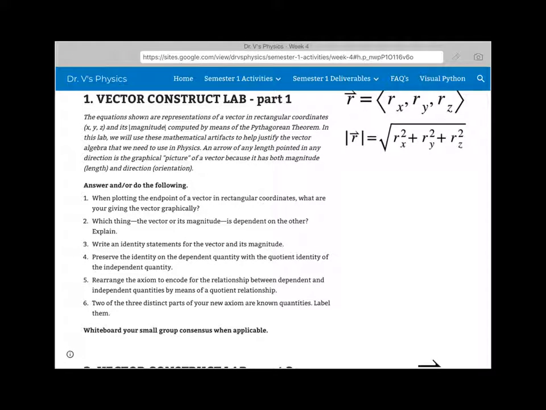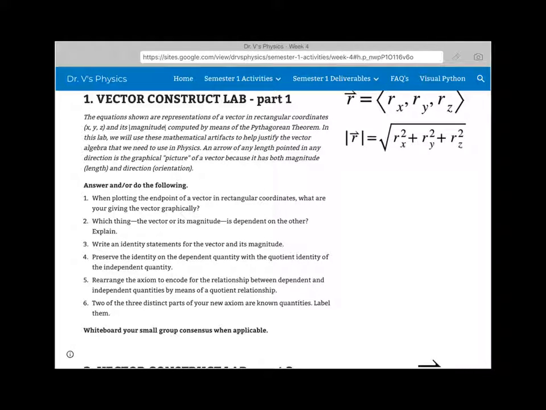And so we could probably talk for a long time about which one of those is right, because the vector, when I plot endpoints of the vector, that's the moment at which it obtains a direction and magnitude. So in one sense, what is dependent on what?